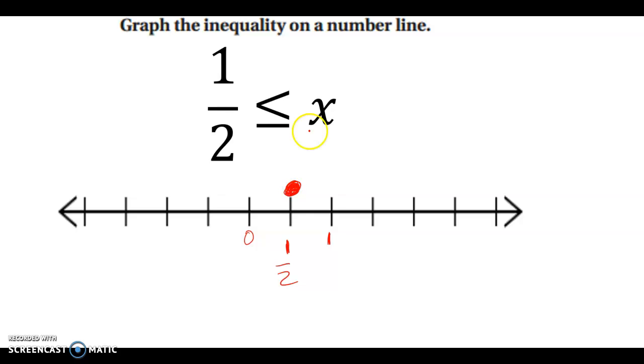Now you got to be careful. The variable came second, so it's not going to go to the left. It's actually going to go the opposite direction, which is to the right. Now, if you would have rewritten it, x greater than or equal to 1/2, then it points the direction that the arrow goes. That only works if the variable comes first.